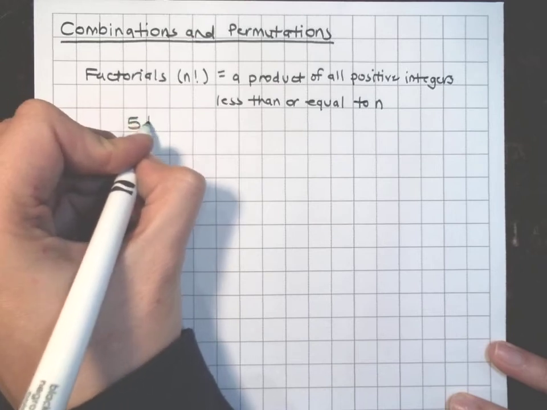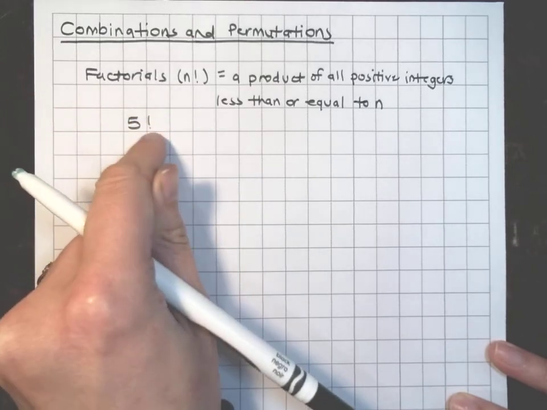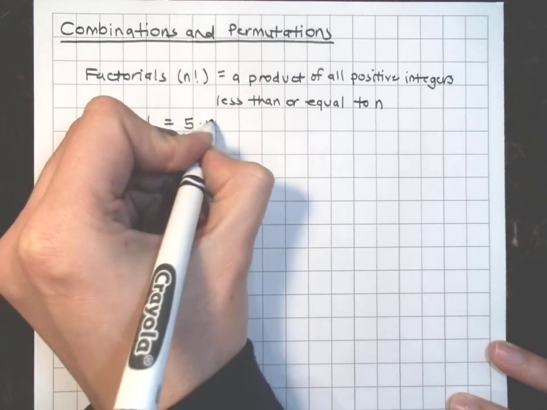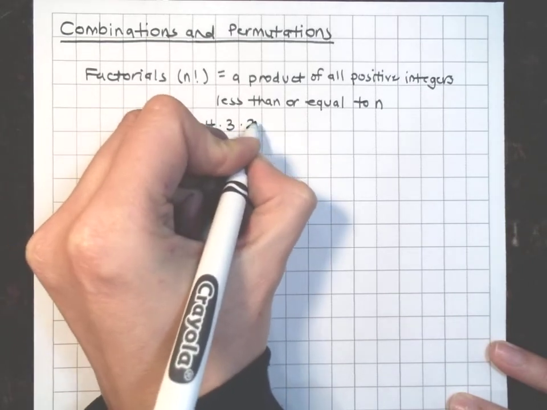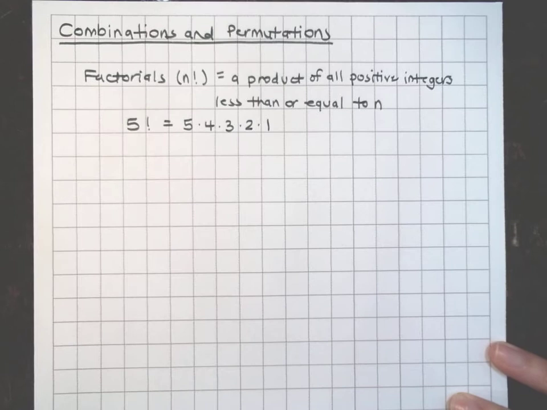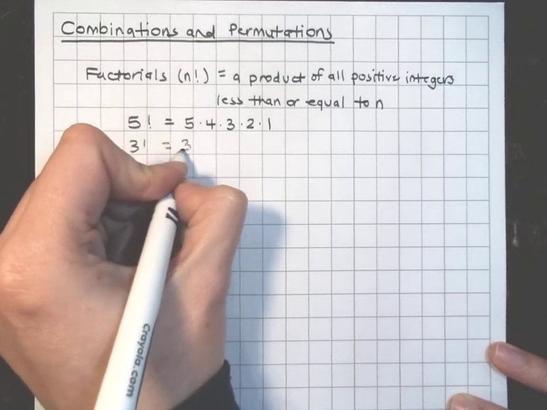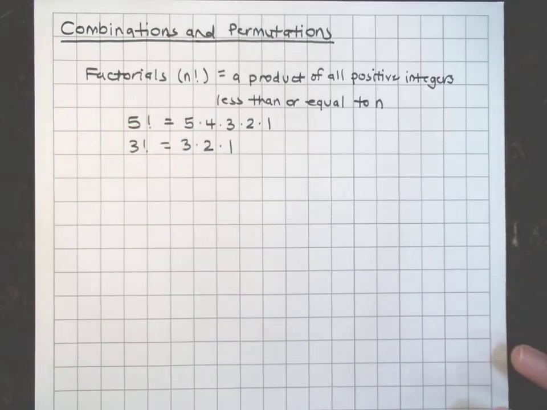So if we have 5 factorial, we use an exclamation to represent a factorial. That means we would multiply 5 times 4 times 3 times 2 times 1. If it was 3 factorial, we would multiply 3 times 2 times 1.